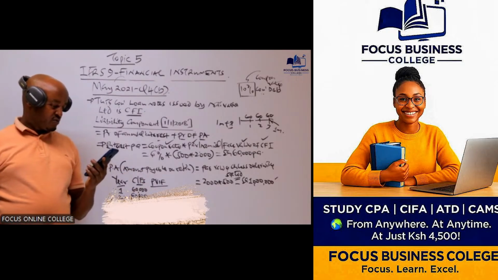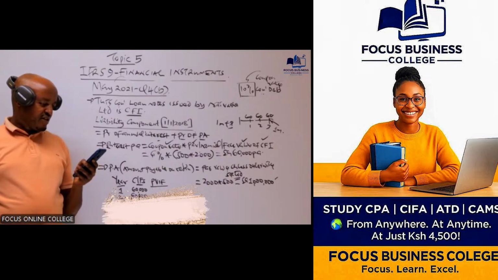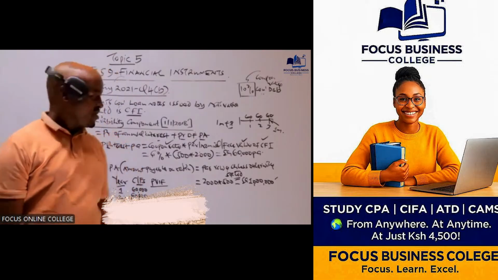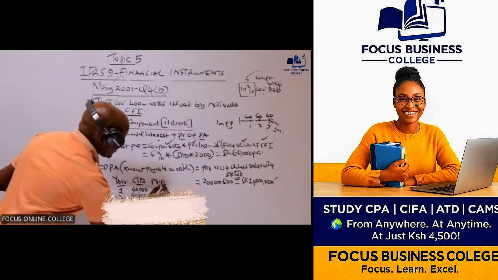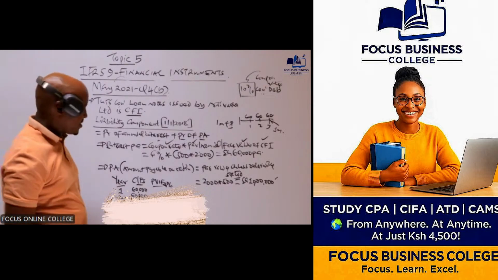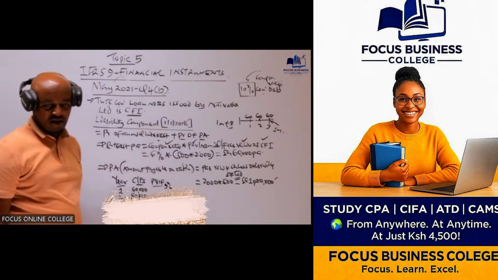In paragraph 2, the last sentence, we are told the prevailing market interest rate for 3 years raw notes without conversion option is 9%. So that 9% is the one we use for discounting here. So we multiply this with the present value interest factor at the rate of 9%.